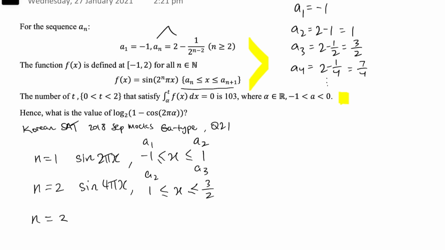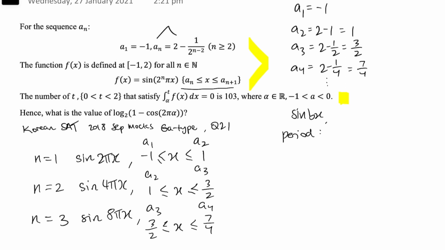And let's do another one. When n is equal to 3, sine 8 pi x, and it's between a of 3 and a of 4, which is between 3 over 2 and 7 over 4. Now we want to find the period of each function, and note that for the general function sine bx, the period is 2 pi on b.